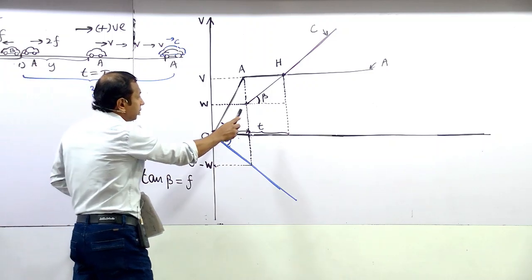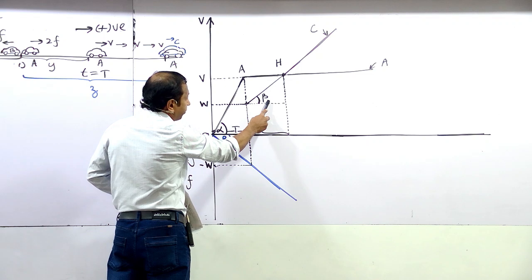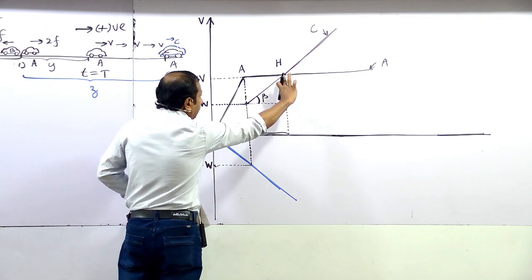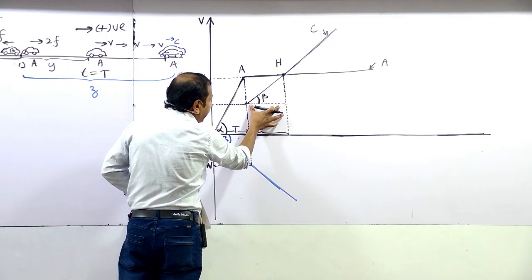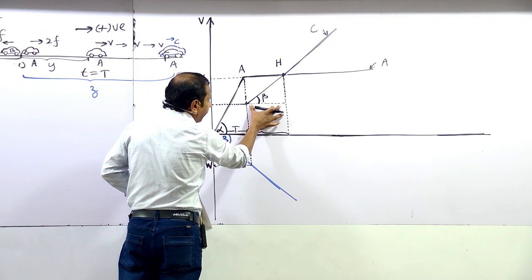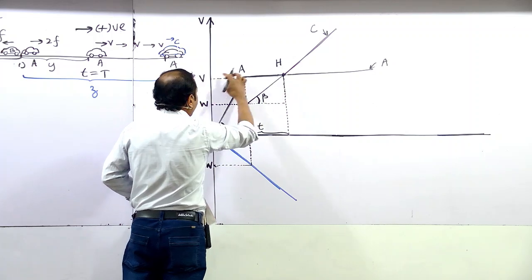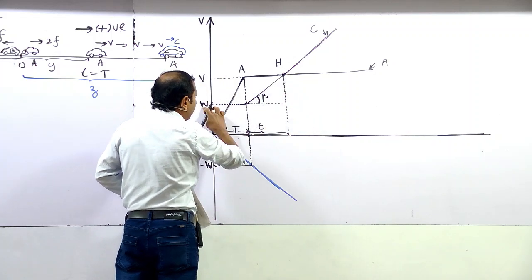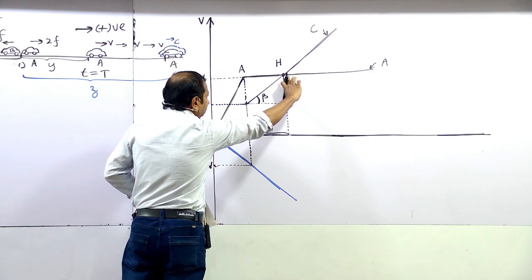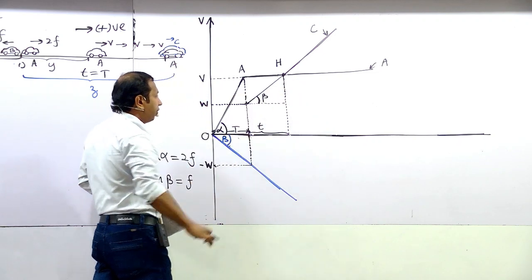In this triangle, we can write tan beta. What is tan beta? The opposite side divided by the adjacent side. The opposite side you can write how? The whole height is V, from here to here W, so V minus W divided by T is the tan beta.